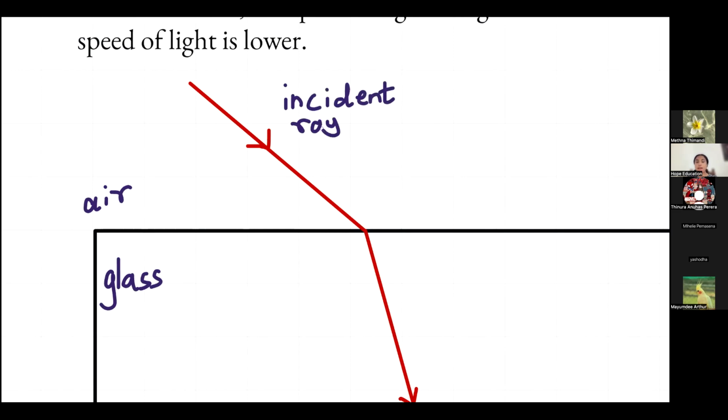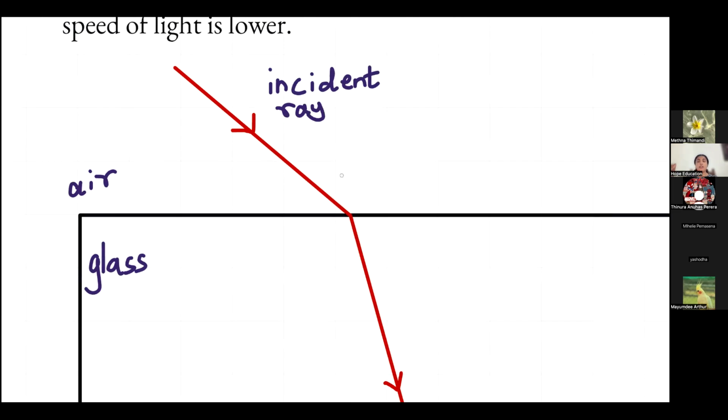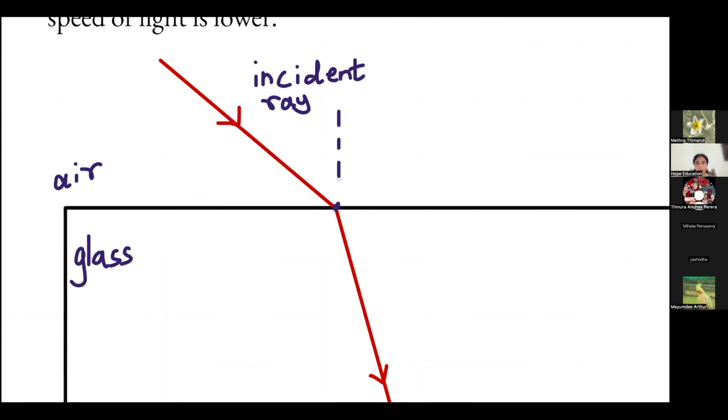The point where the incident ray strikes on the surface, if I draw a perpendicular at the point of incidence like this, I call this perpendicular the normal.